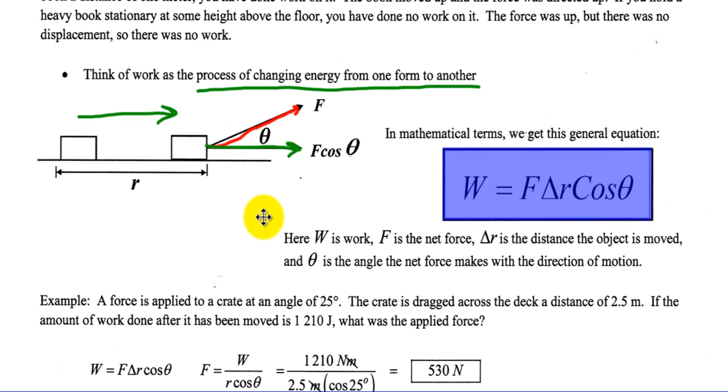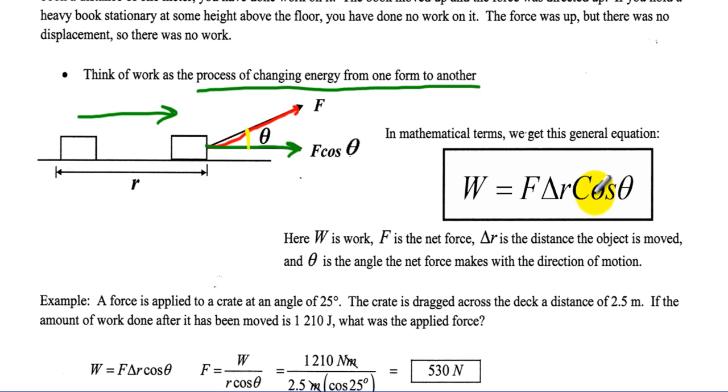The equation looks a little different than last year. Last year it just said work equals FD. Now we have this change of r. Remember, this is going to be magnitude. We're not going to put in direction here. And then the cosine theta, if you look back to our diagram, is there because you only want the component in the direction it's moving.